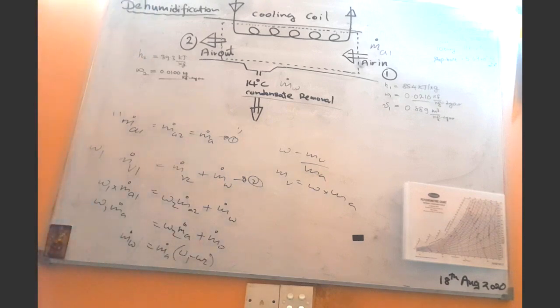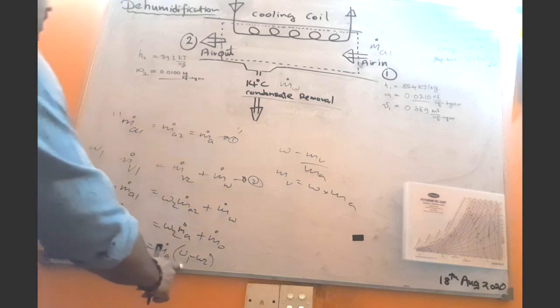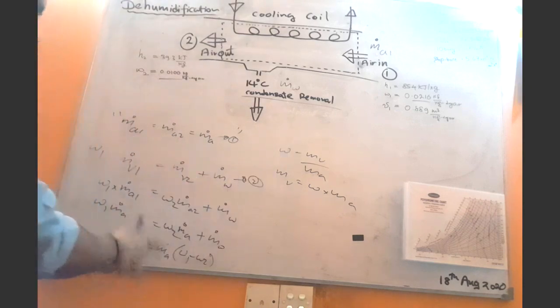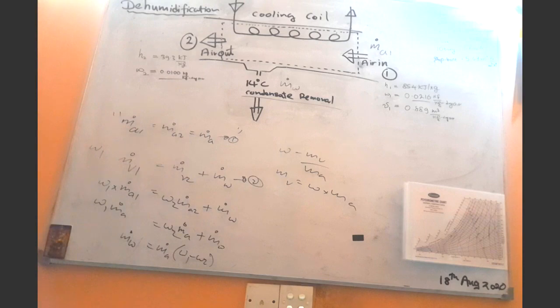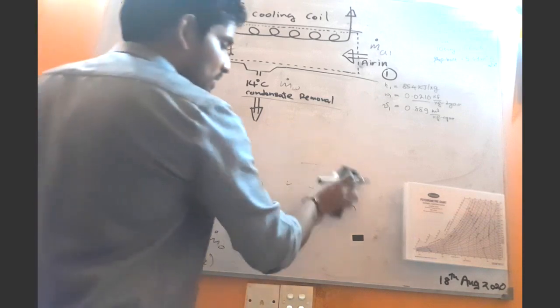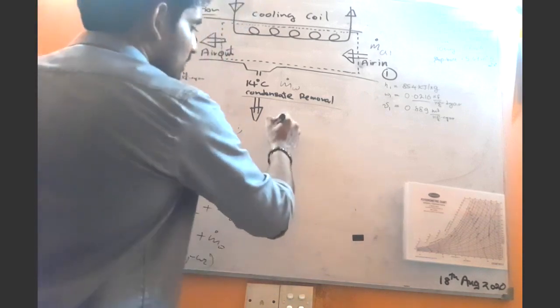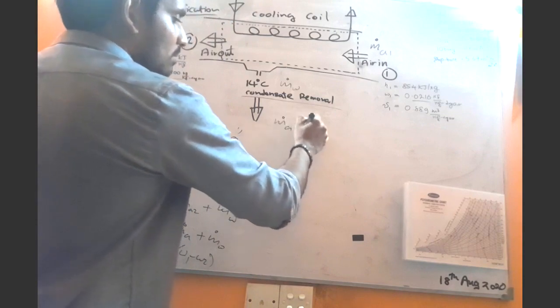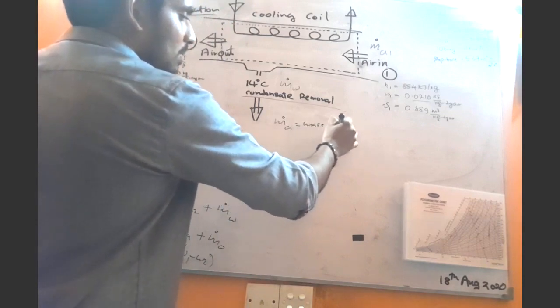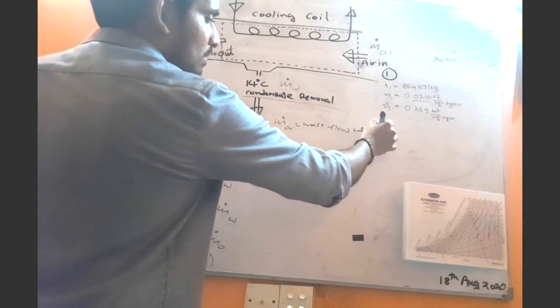Got the point? So omega 1 you know and omega 2 you know, then what is ma dot? Now ma dot is the mass flow rate of dry air.